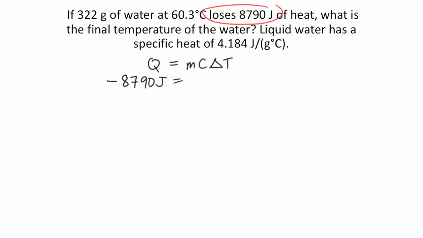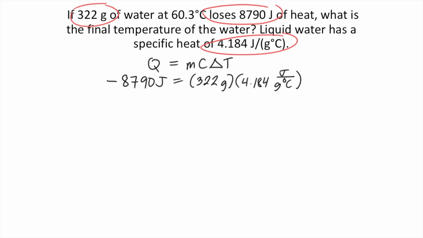That's equal to the mass. In the problem, we are given the mass, 322 grams, times the specific heat capacity, which is also given, 4.184 joules per gram degree Celsius, and then delta T.